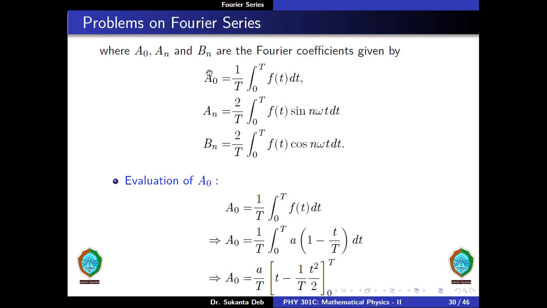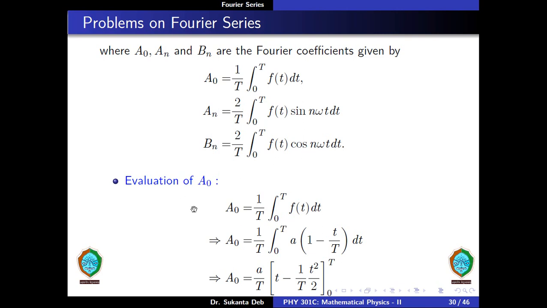These are the Fourier coefficients, and because our range is 0 to capital T, we write the formulas as a naught is equal to 1 by T integral from 0 to T f t dt, a n is equal to 2 by T integral from 0 to T f t sin of n omega t dt, and b n is equal to 2 by T integral from 0 to T f t cos of n omega t dt.